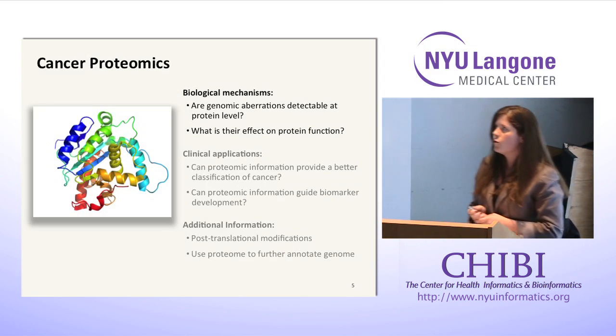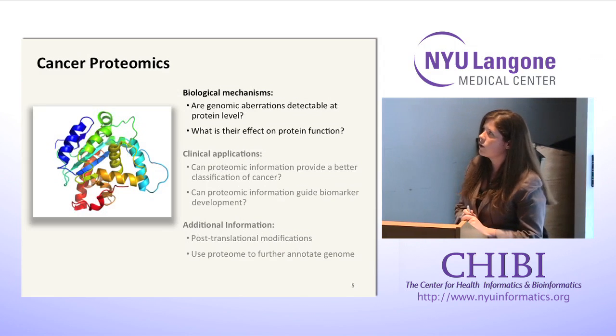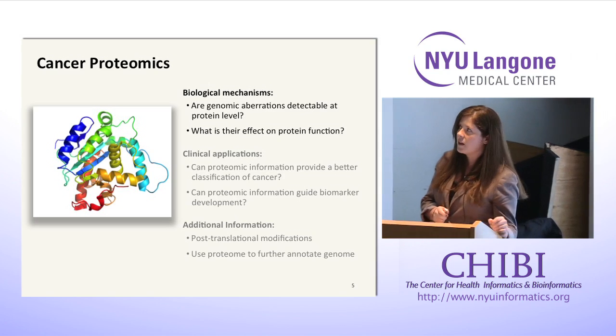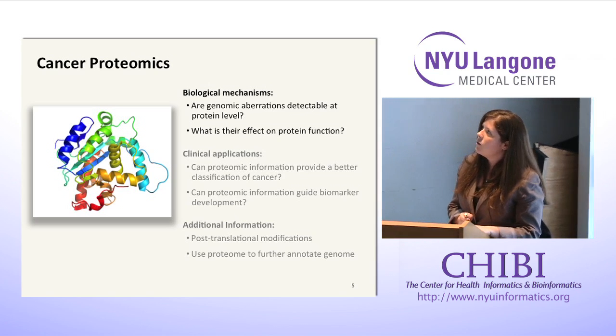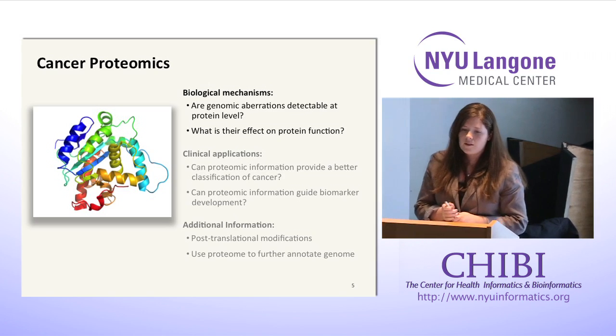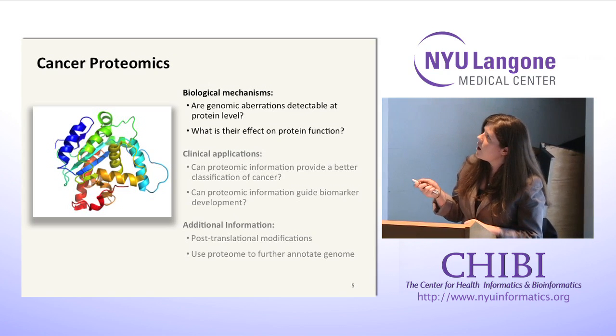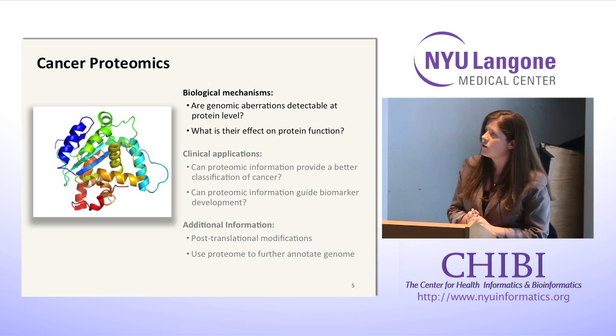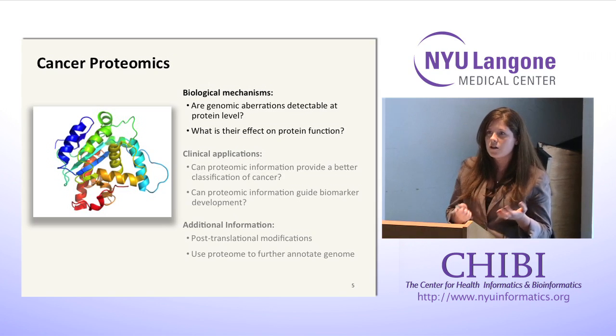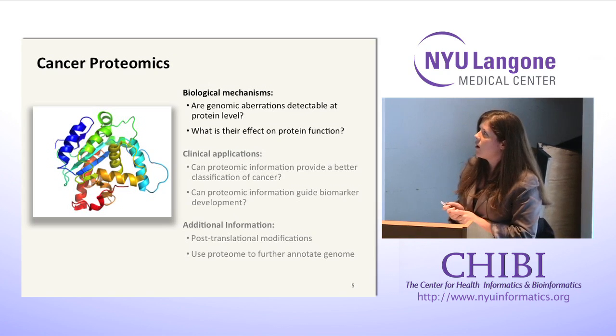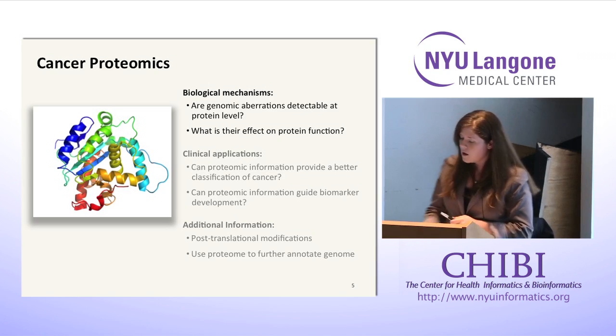In order to address these challenges, we and other groups are using proteomics to answer several questions. The first is whether or not these genomic aberrations are detectable at a protein level. If they are detectable, what is their effect on the actual function of the protein?